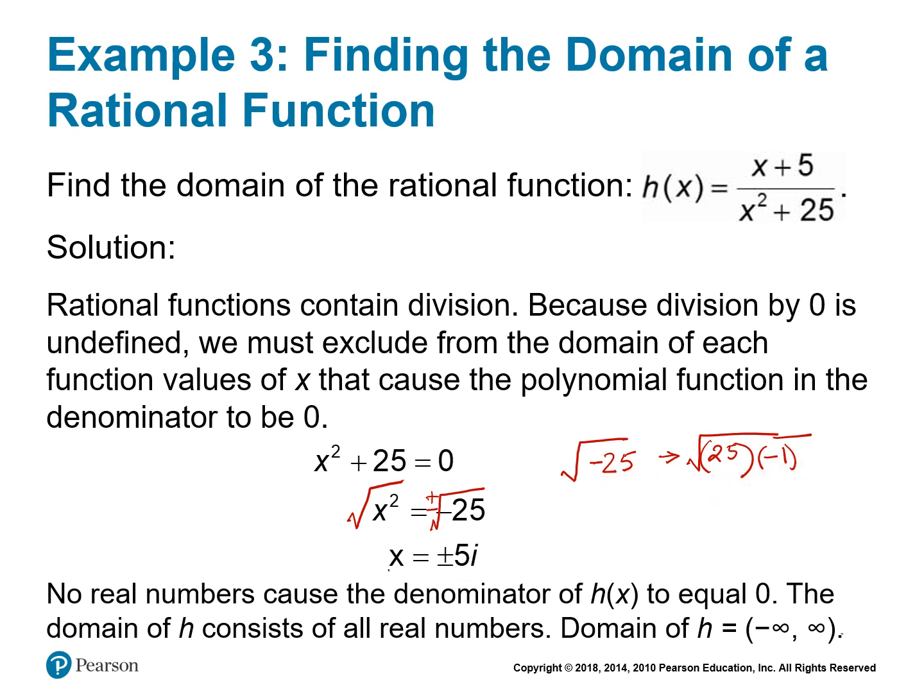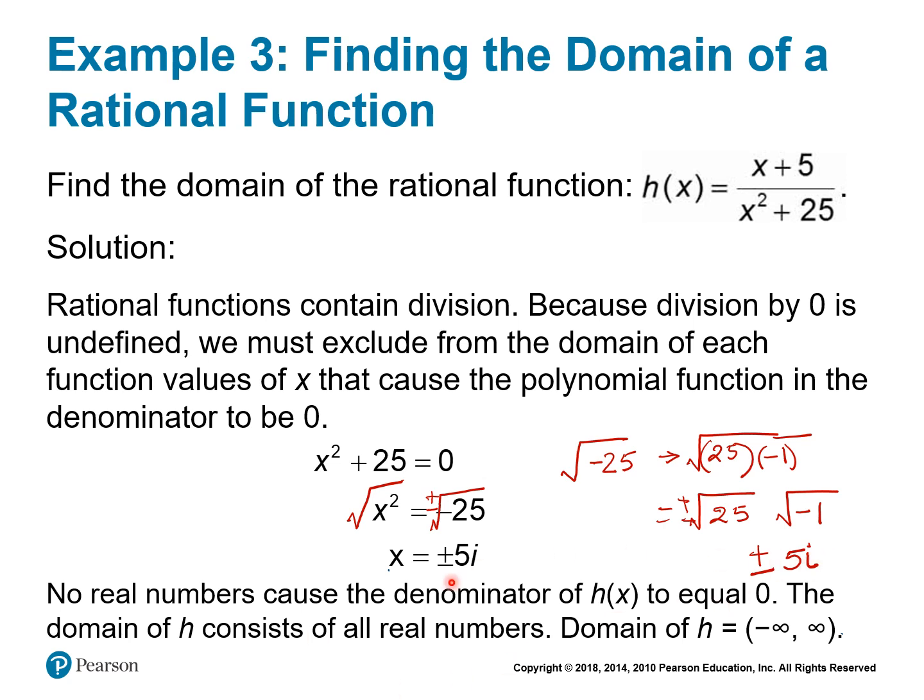And when we do that, we can distribute the square root sign to both the factors. So we have square root of 25 times square root of -1. Square root of -1 is represented by i, and square root of 25 is plus minus 5. So our simplified solution is plus minus 5i, and that is how they came up with this answer.